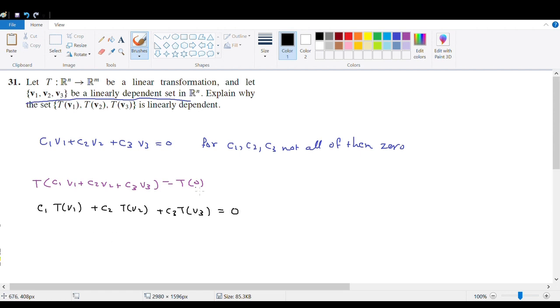Now we said from the beginning C1, C2, C3 are not all 0. So also here they are the same. So since C1, C2, C3 are not all 0, the set TV1, TV2, TV3 is a linearly dependent set.